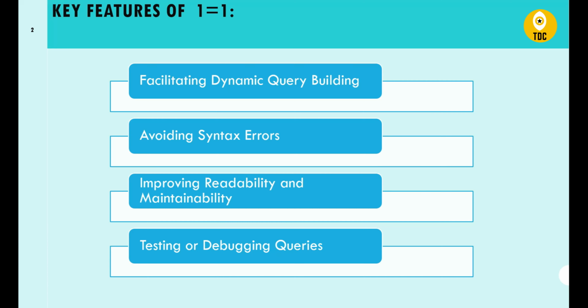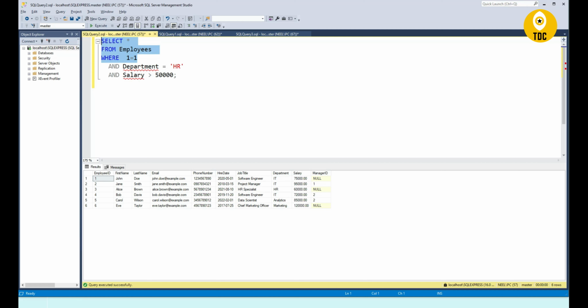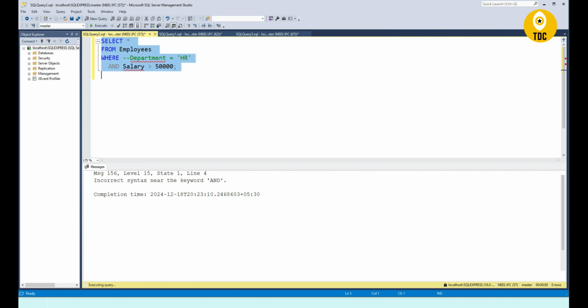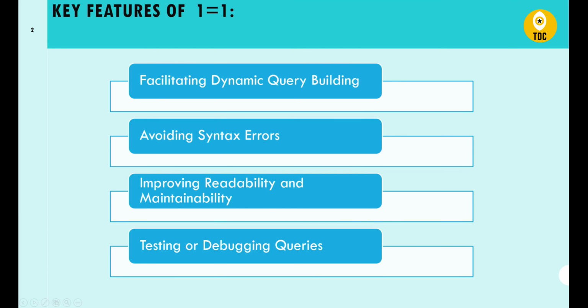The other purpose is where you want to avoid syntax errors. As we just saw, if you don't use this, we might end up having a syntax error. Also, as you saw, it improves readability and maintainability.